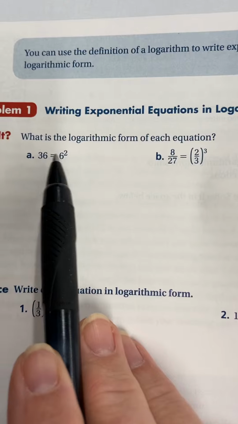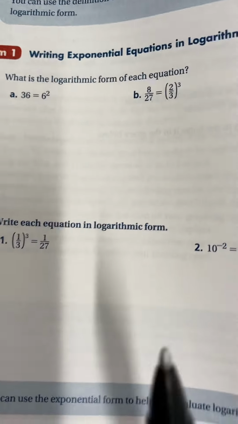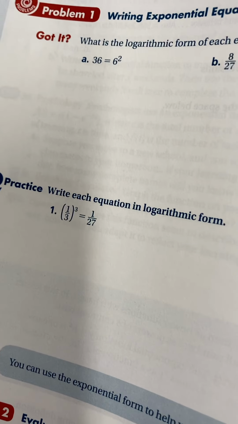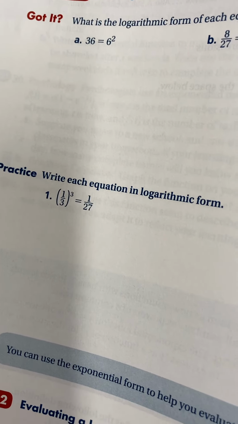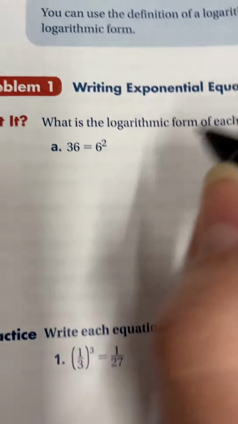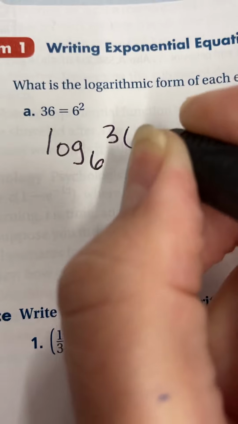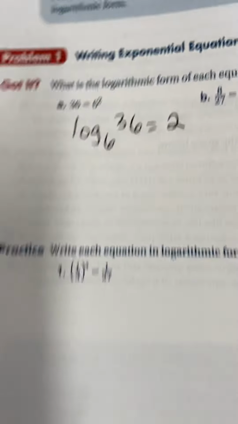All right, so we agree that 6 squared is 36. So what they're wanting you to do is to write that into logarithmic form. So the way you do that is you'll say log base 6 of 36 is 2. So log base 6 of 36 is 2.